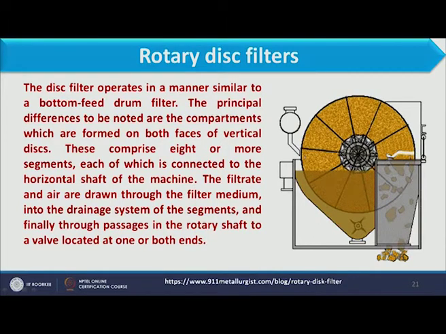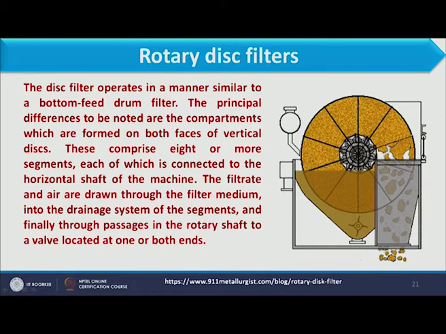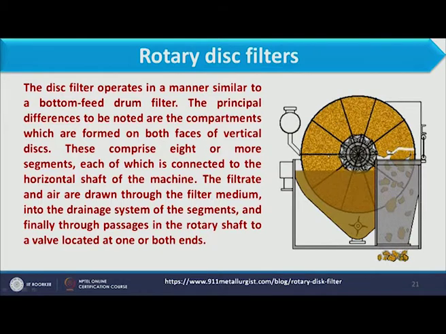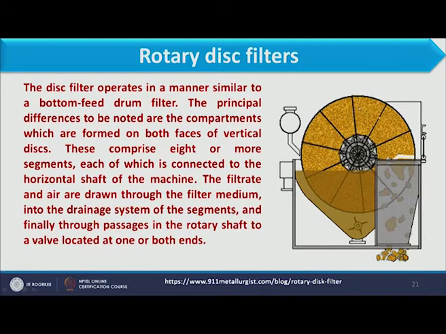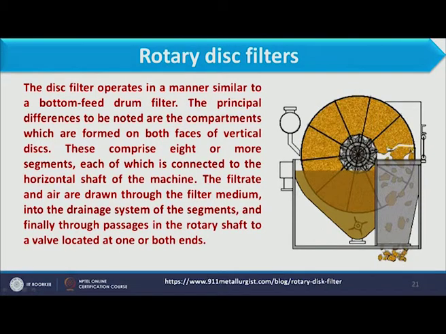After deposition, when the disc moves, whatever moisture is available, that water is sucked by the vacuum, and then washing takes place, and then dewatering takes place. All of this happens in one rotation.